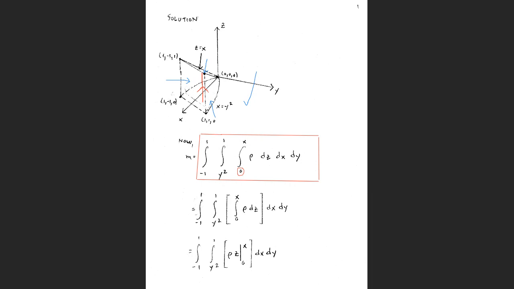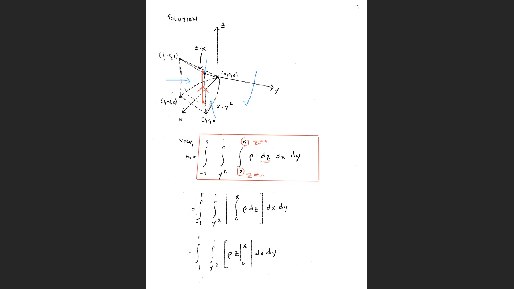It goes from a surface on the bottom, which is the xy plane, to a surface on the top, which is the plane z equals x. So therefore, z equals 0 is your bottom surface, and z equals x is your top surface. And those are your z limits.